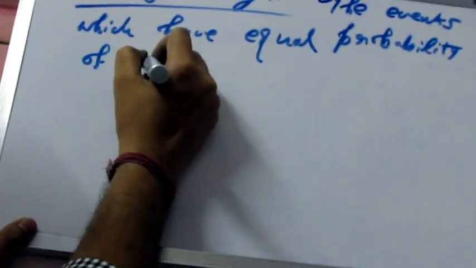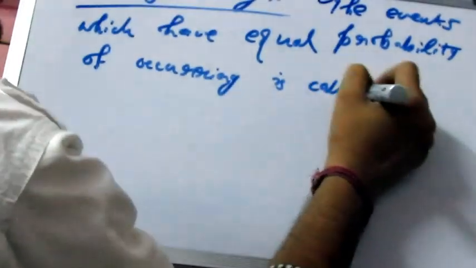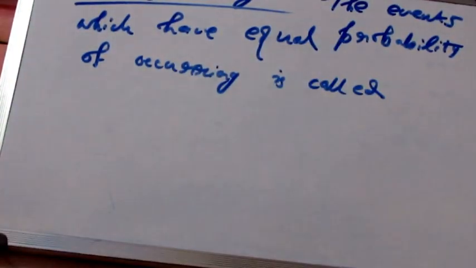The events which have equal probability of occurring are known as equally likely events.